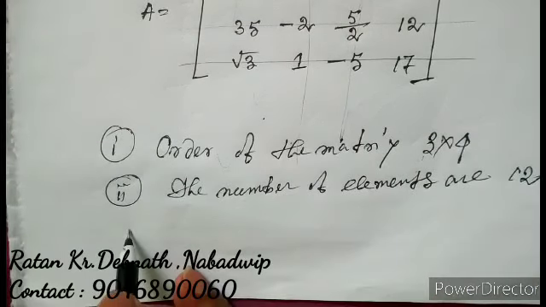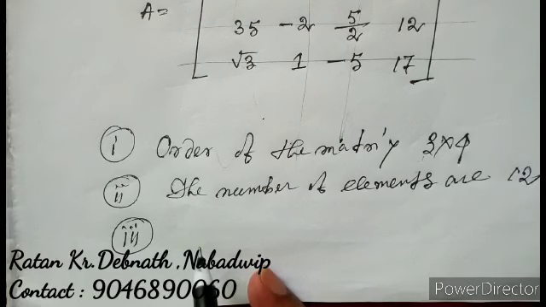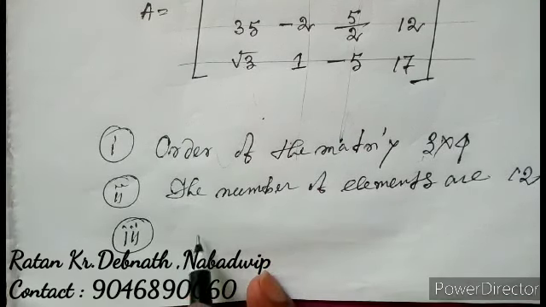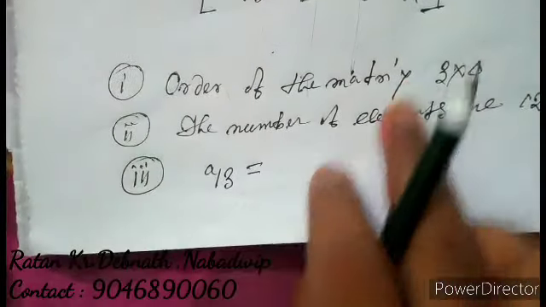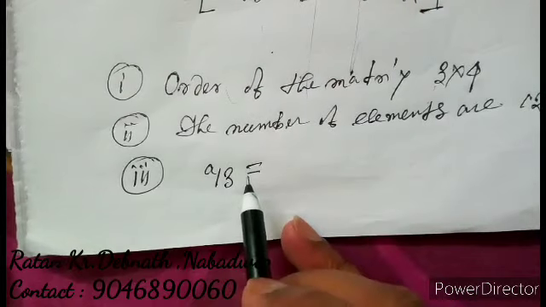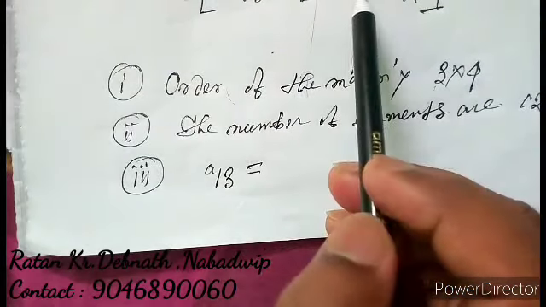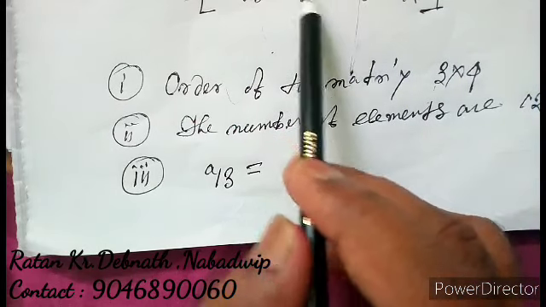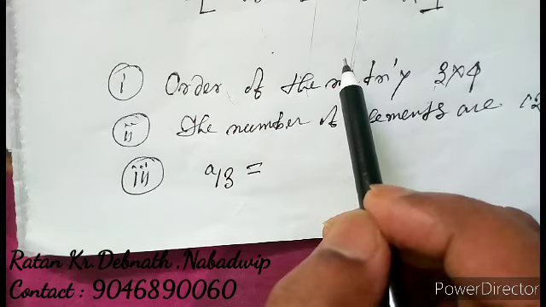Now you have to write down the A13 element. A13 means, as earlier I have discussed, position row 1 and column 3.